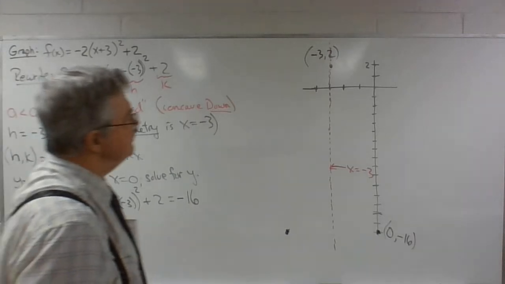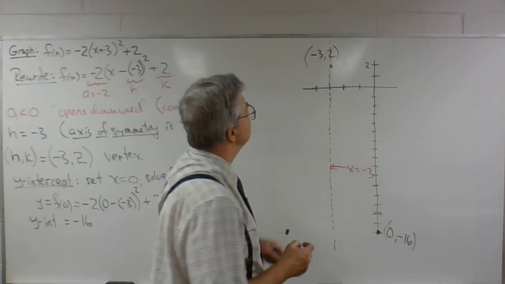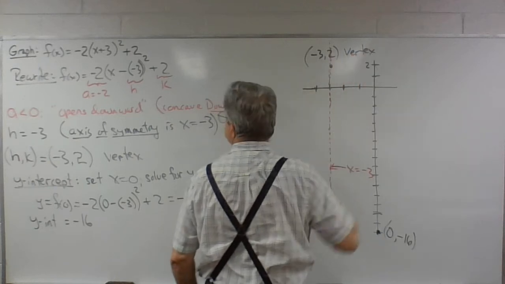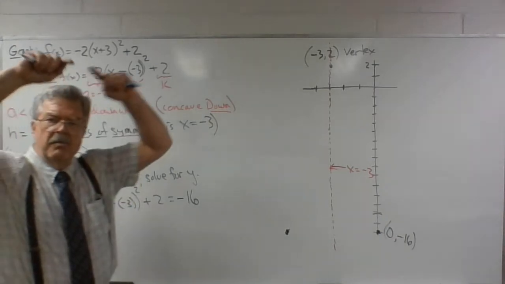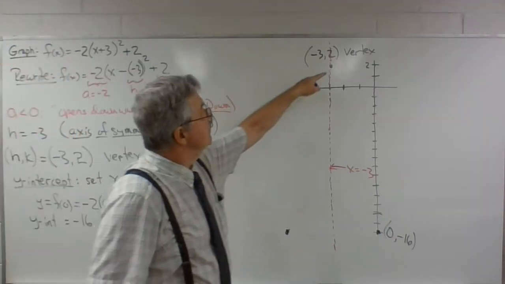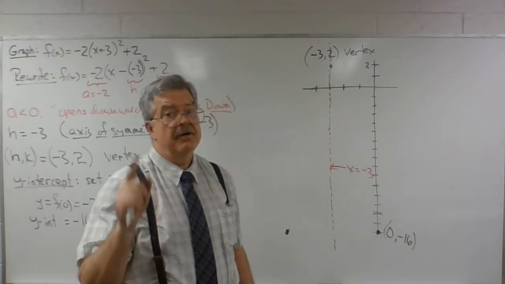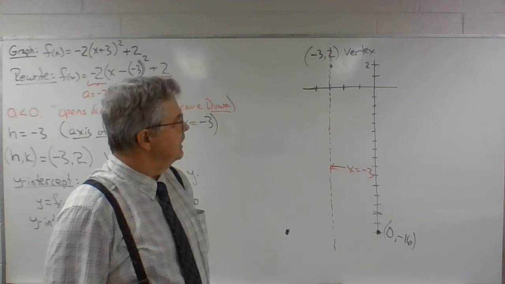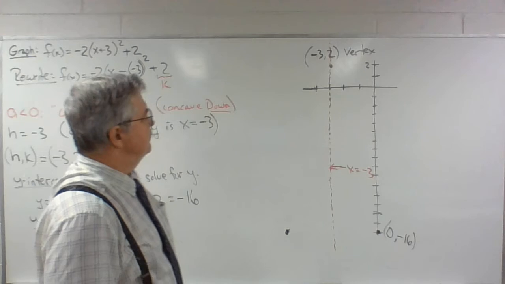Let's see, this thing has a vertex above the x-axis, and a is negative, so this thing opens downward. It's going to cross the x-axis. Maybe we should try to find our x-intercepts.